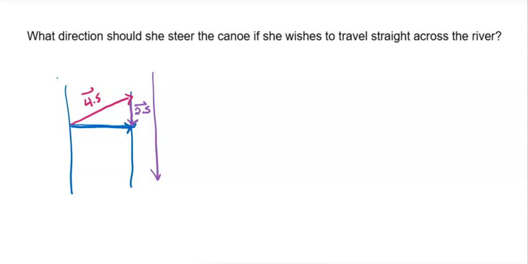So there's my resultant vector, my goal to go straight across the stream. I can only paddle 4.5 kilometers per hour, and I need to compensate for the 2.5 kilometers per hour push going downwards. The question is asking what is the direction, so I need to find this angle here. Now I have the opposite and the hypotenuse, so I'm going to use sine: sine of theta equals 2.5 over 4.5.